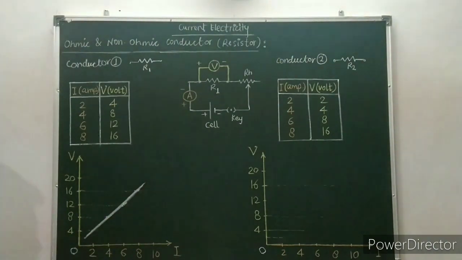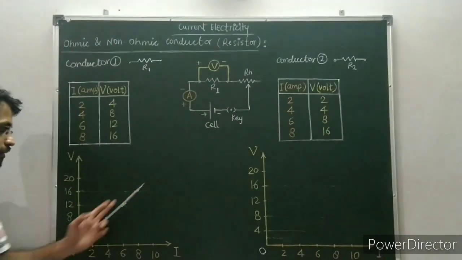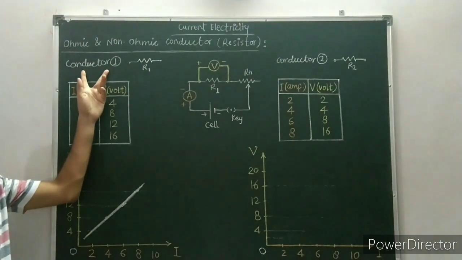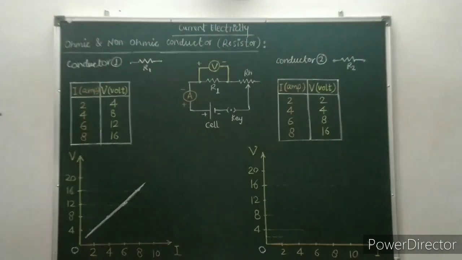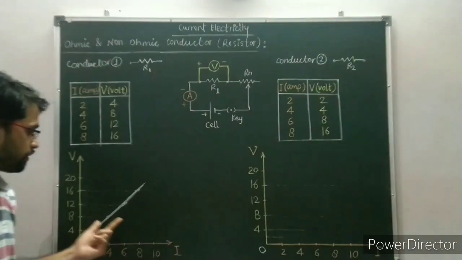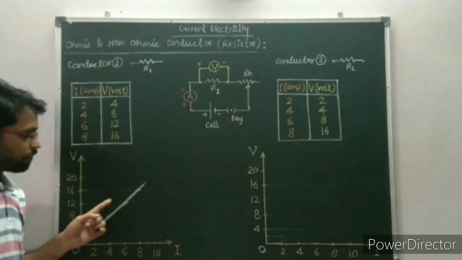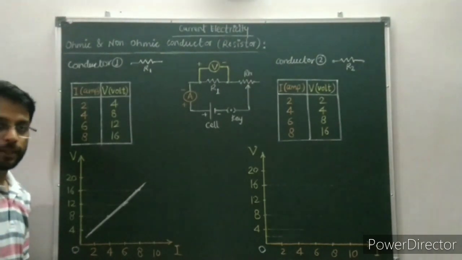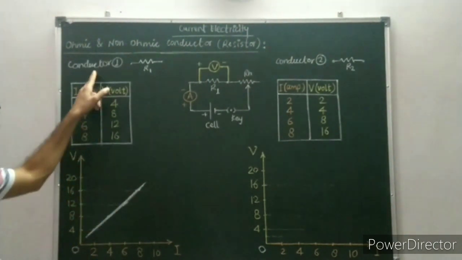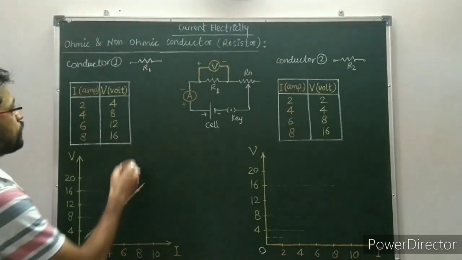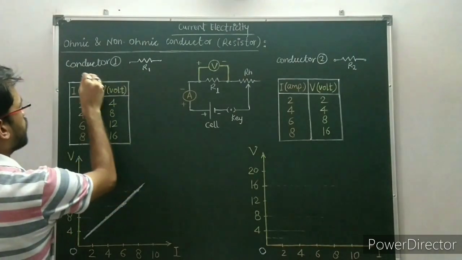This straight oblique line shows that conductor 1 is obeying Ohm's law, which we have discussed earlier, that the VI graph of a conductor obeying Ohm's law is a straight line. So this conductor obeying Ohm's law, as shown in the graph, is known as an ohmic conductor.